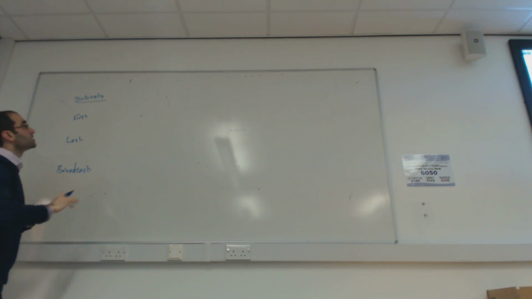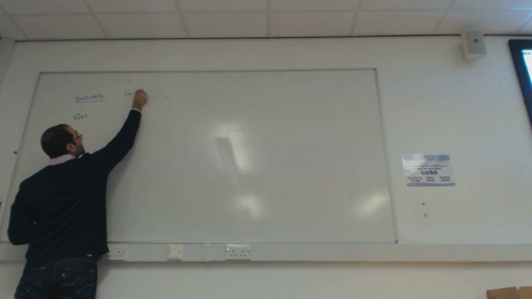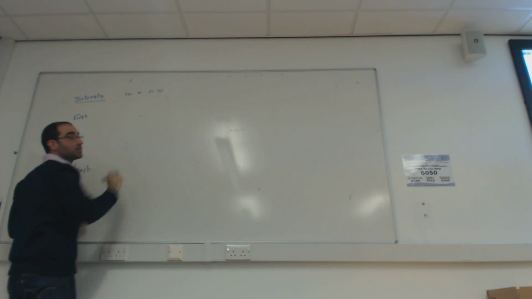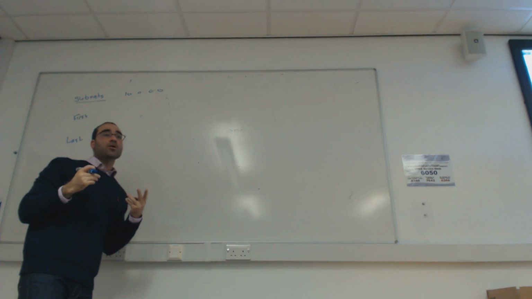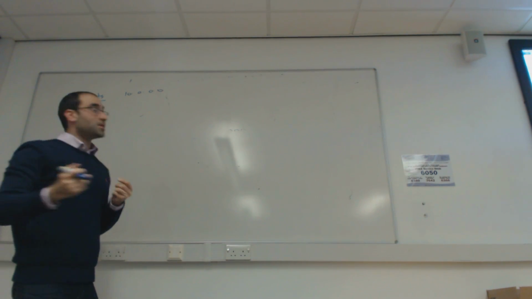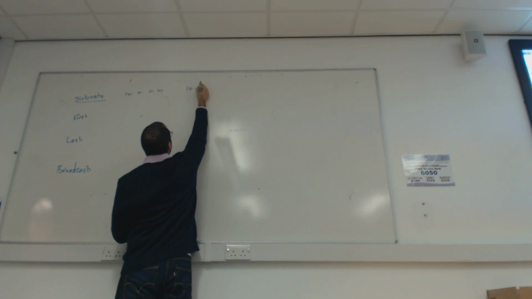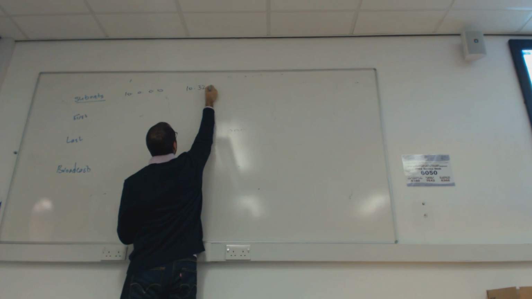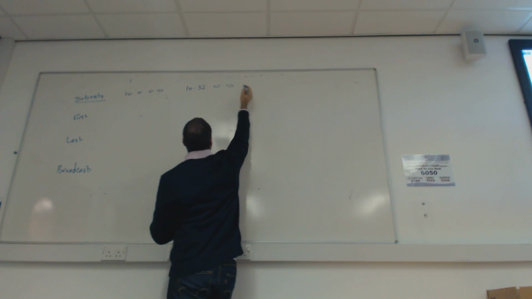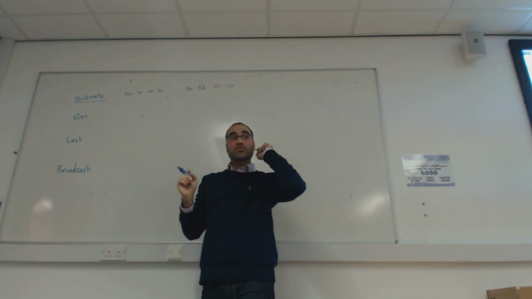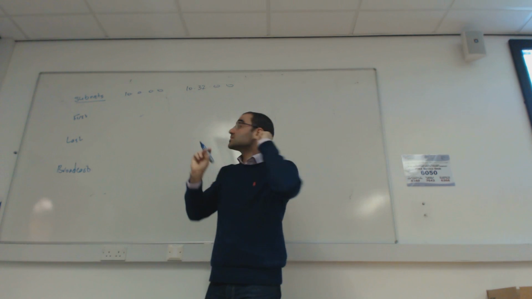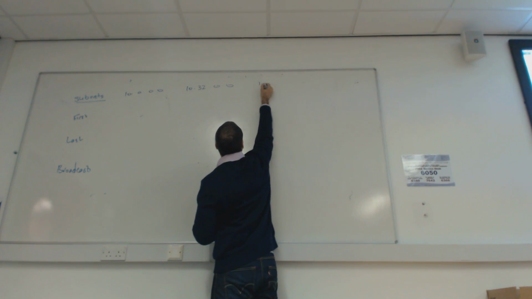What's your first subnet? Second subnet, you increment by how much? 32. Where is that? Which byte? Second, because it's the interesting byte. So you increment in the interesting byte to decide your subnets. Third subnet.